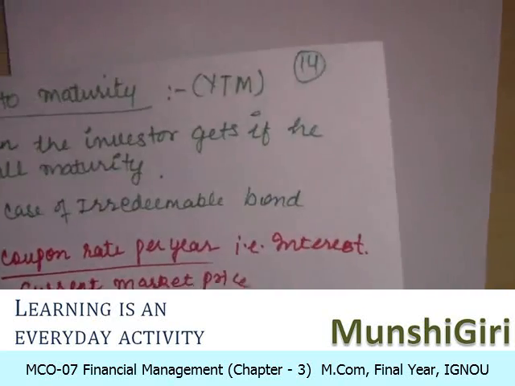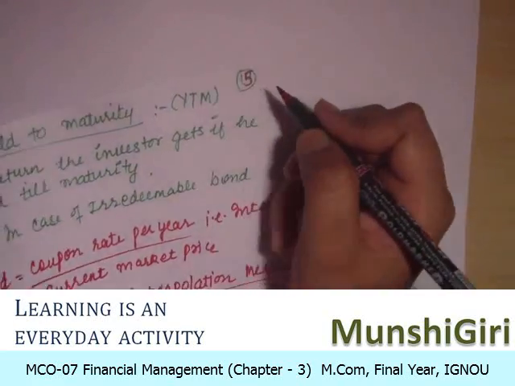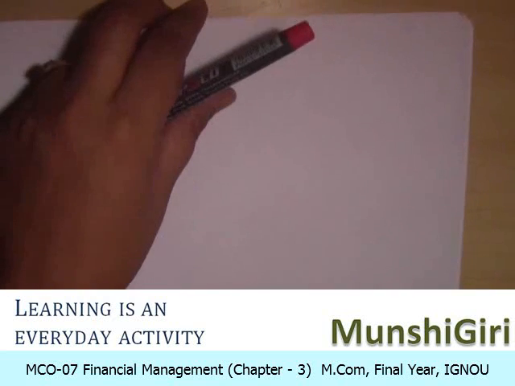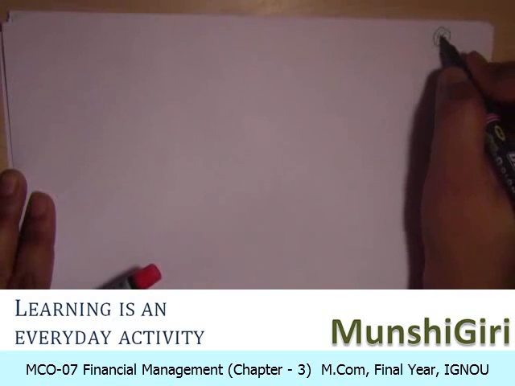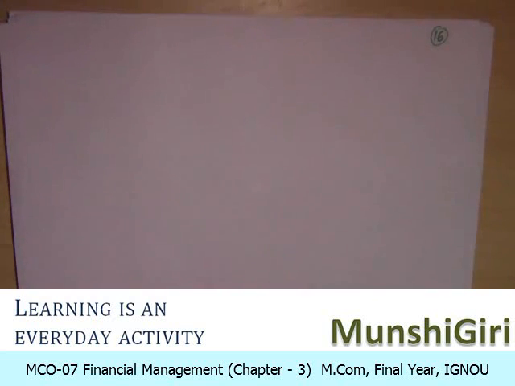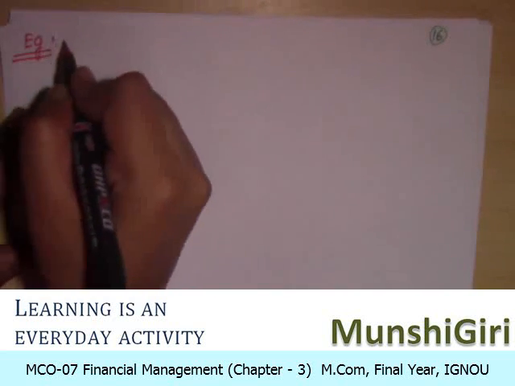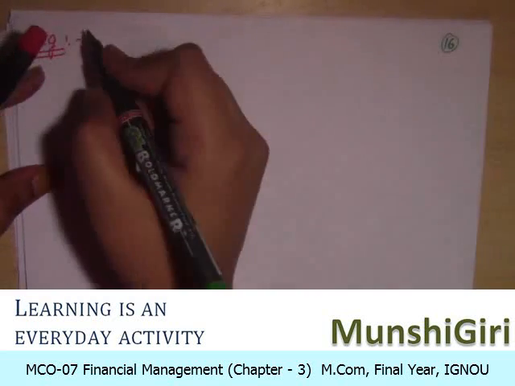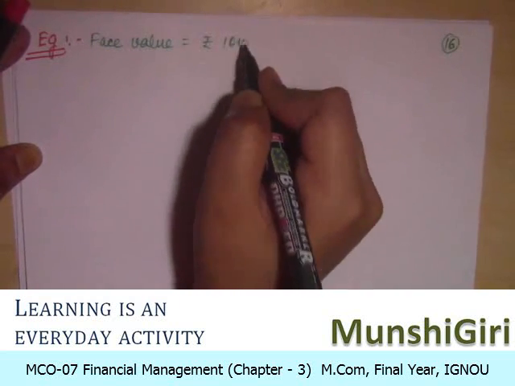Now I have written 14 on 2 pages. This is page number 15. Let's take up an example to understand this. Face value is rupees 100.